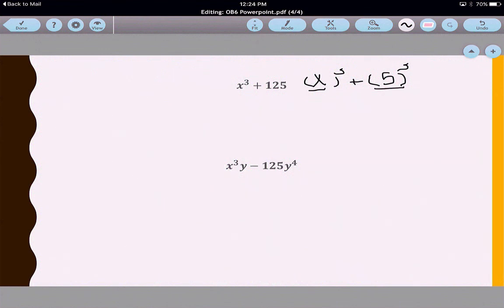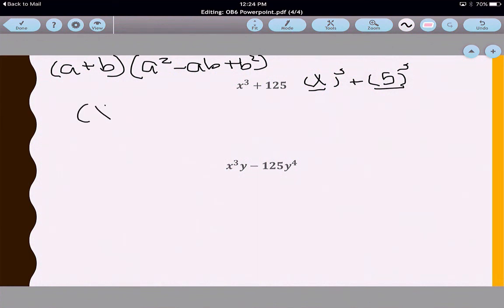So now I have an a, and now I have a b. If I were to write my formula up here, for my sum of cubes, I want a plus b, and then I want a squared minus ab plus b squared. So now all I have to do is plug x and 5 in for that.